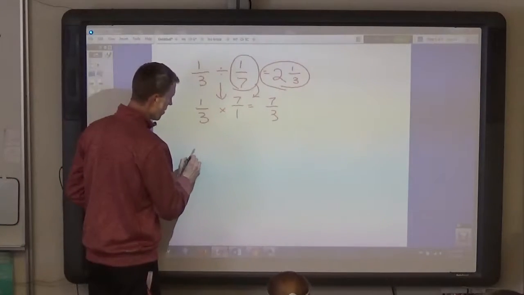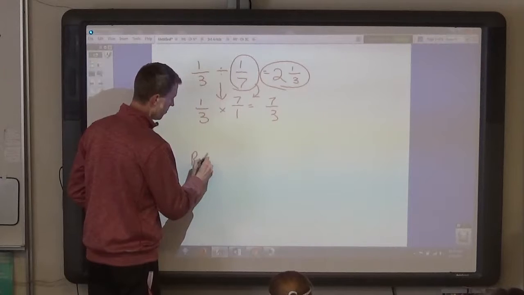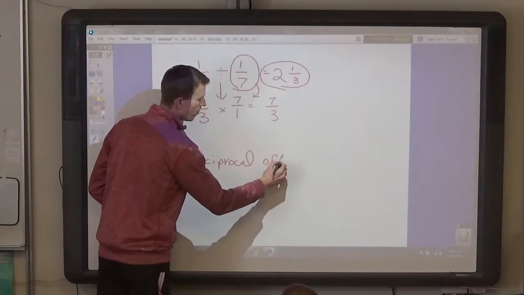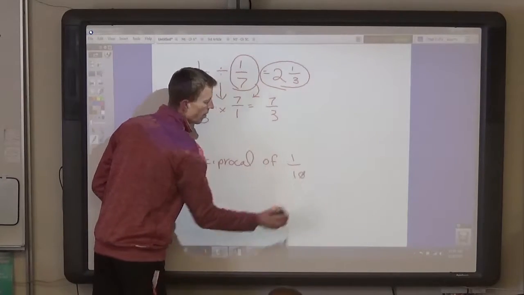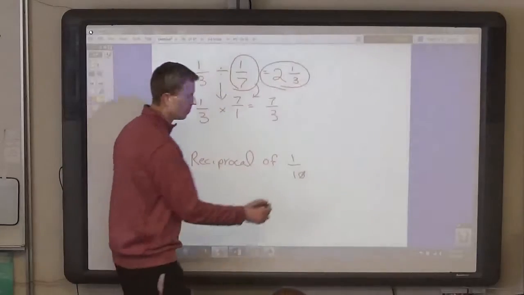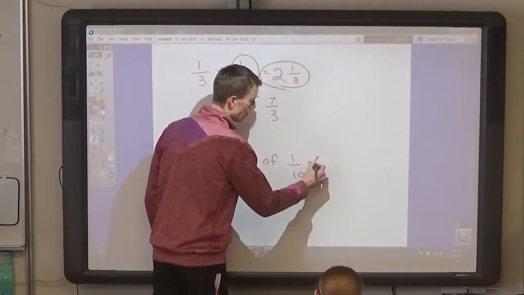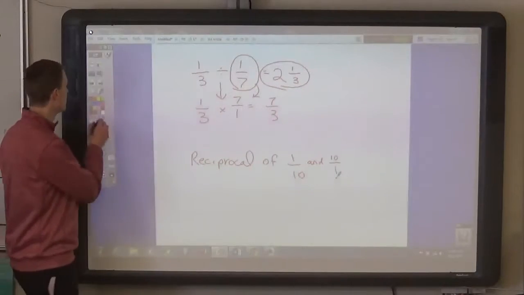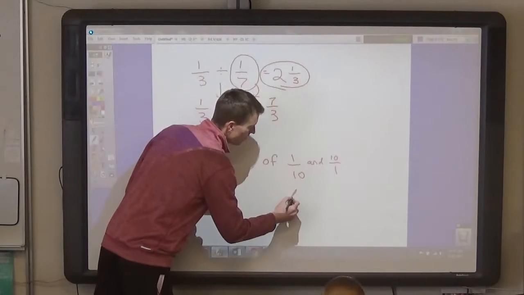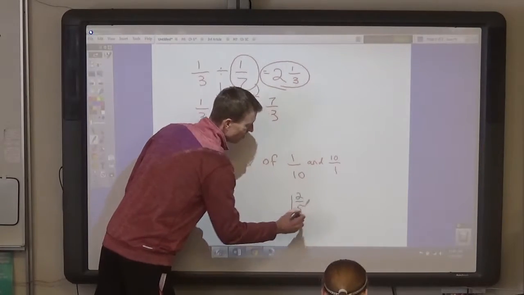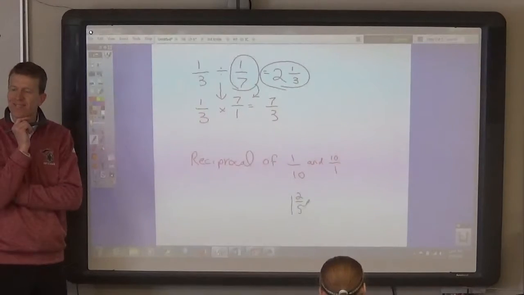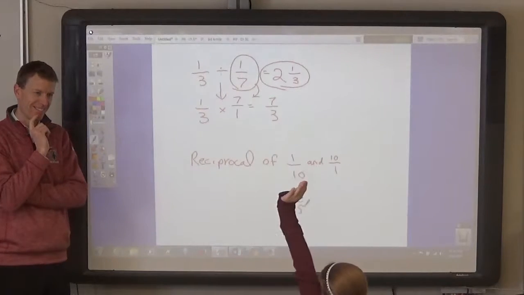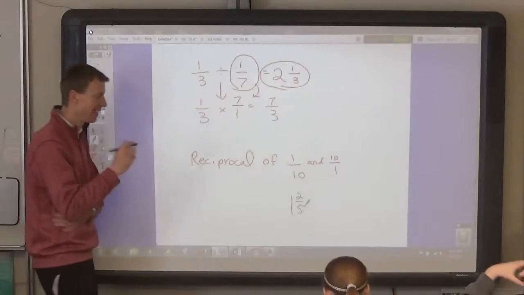What's the reciprocal of this? Reciprocal of 1/10. 10 over 1. Yes, 10 over 1. Okay. What's the reciprocal of this? 1 and 5 sevenths? No. Oh, I know. 5/7. Yeah, 5/7.